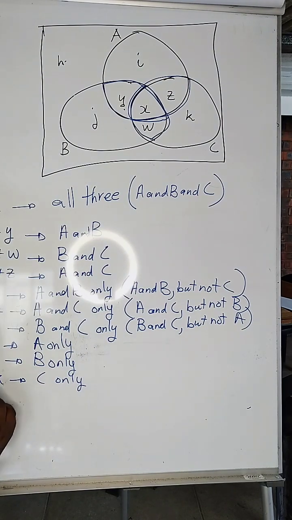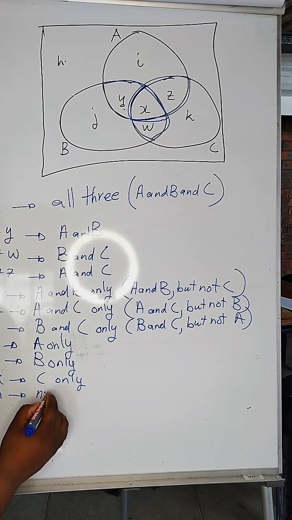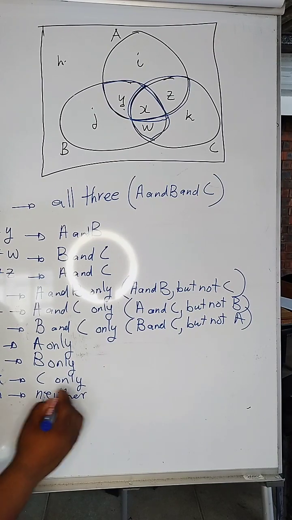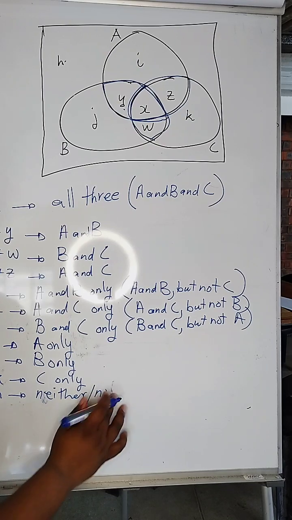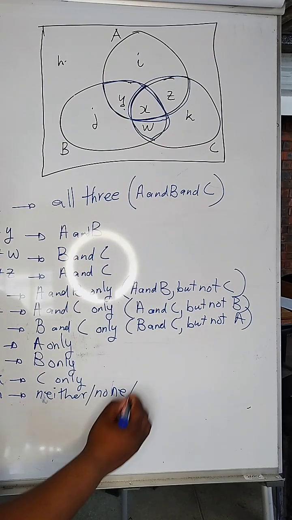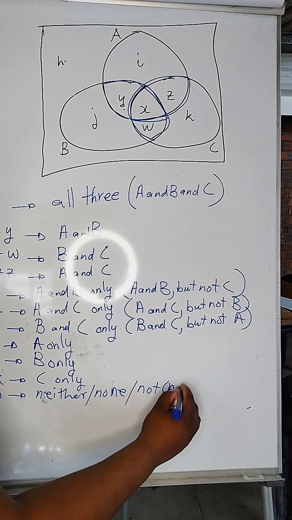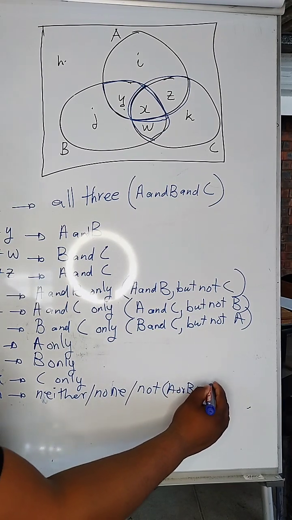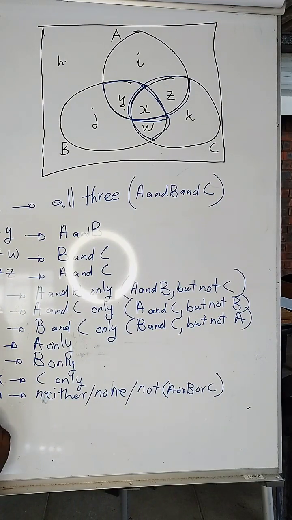Then H will be given by not, or neither, none, or not A or B or C. Okay? Then we have these three words.